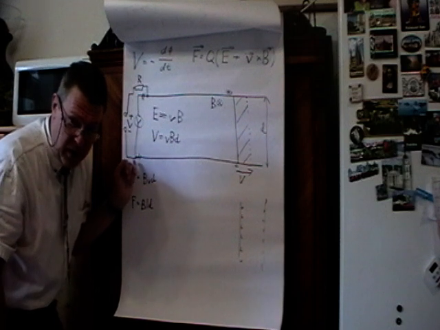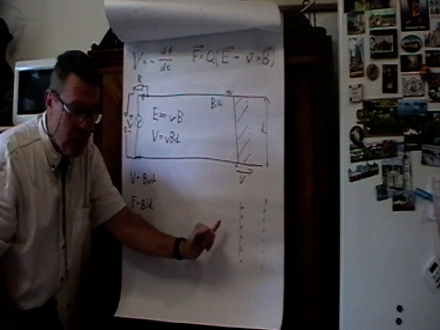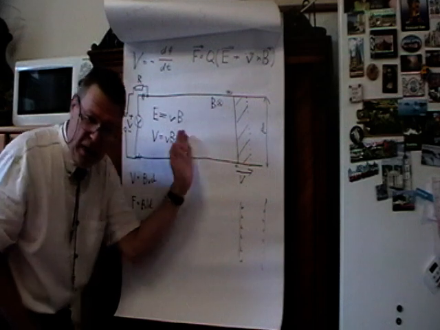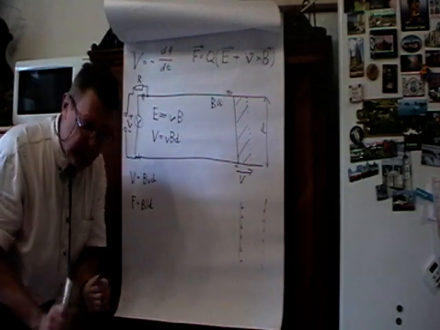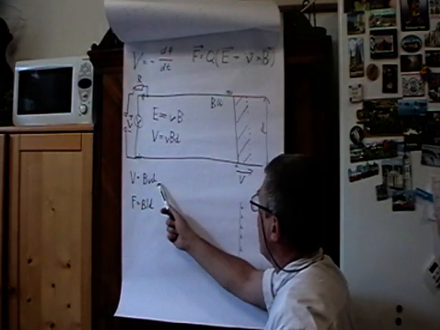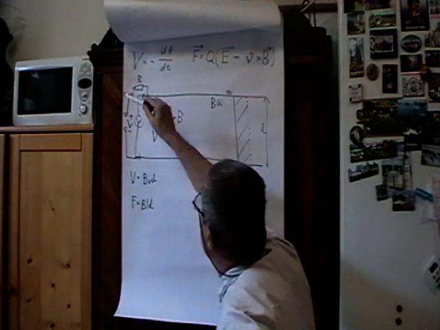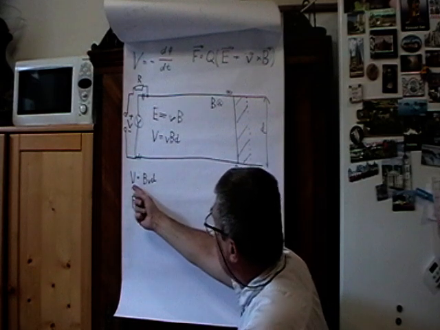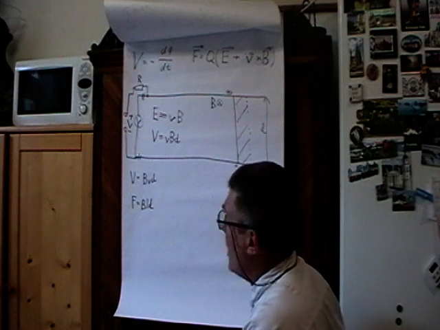At that moment, the current would vanish and there will be no more force to speed up the stick. Let us find what speed this is. So we have the voltage that is induced here, and if this voltage is equivalent to the voltage of the source, we would have an equilibrium.